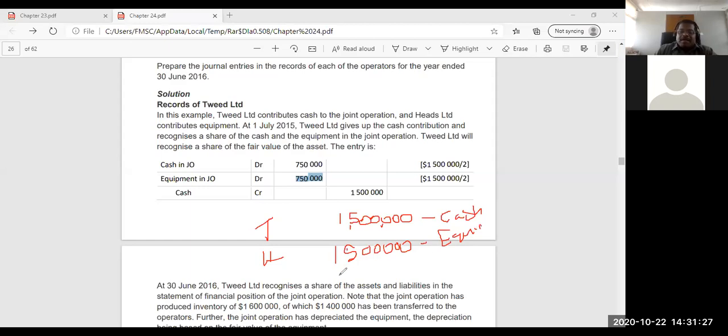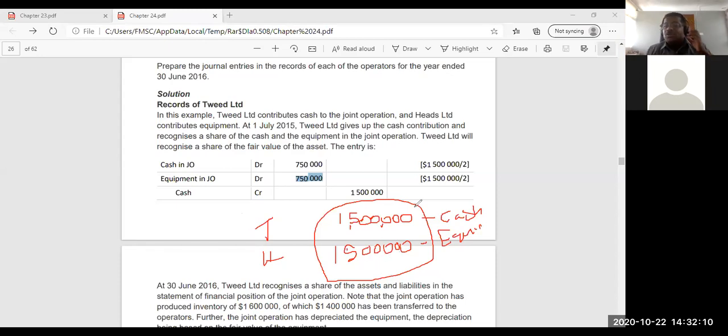Equipment. Now what I am trying to say is that once you put this, you have to remember that is the joint operation capital. Agree? Once you put that into the joint operation, we don't raise the question of who put that. Operators jointly control these assets: 1.5 million cash and 1.5 million equipment.